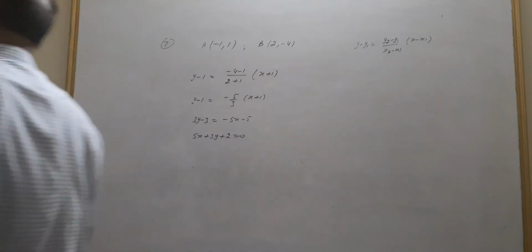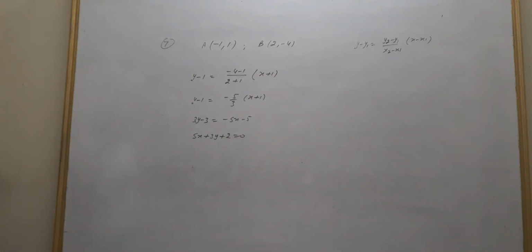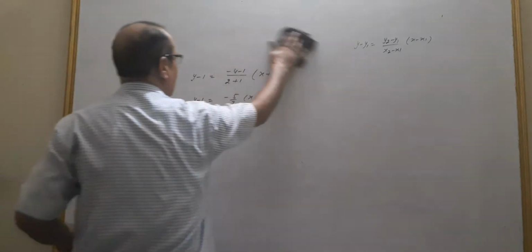So this is the equation of the line which is passing through the 2 points, that is called as the 2 point form of the line. Okay. Now after this question number 7, I will start another, that is question number 8.